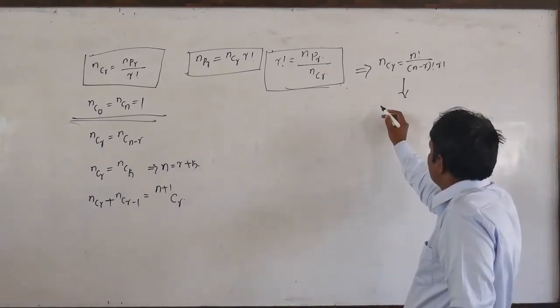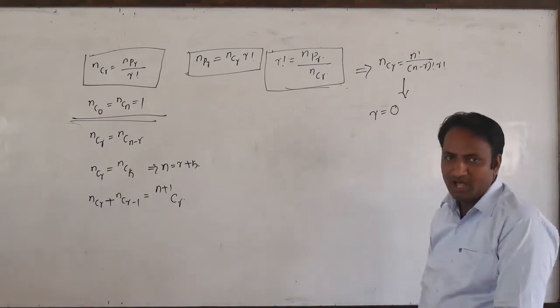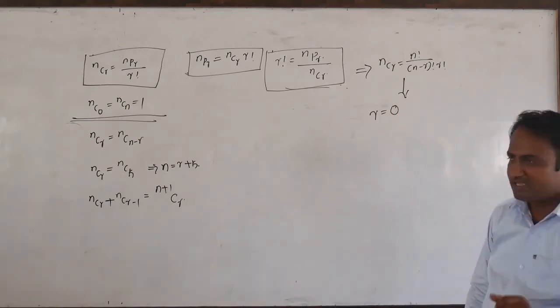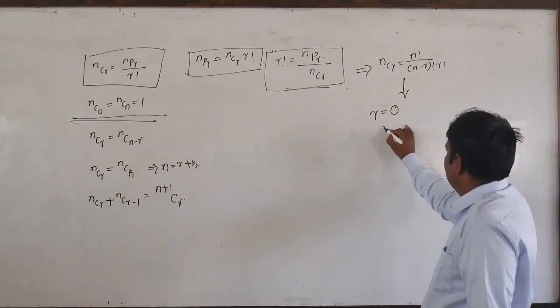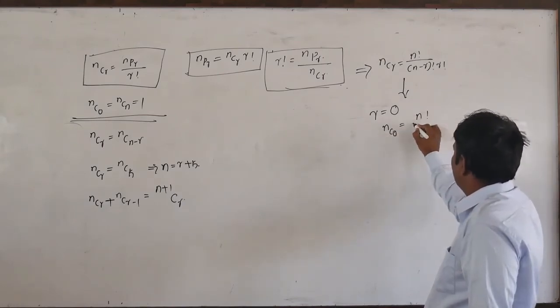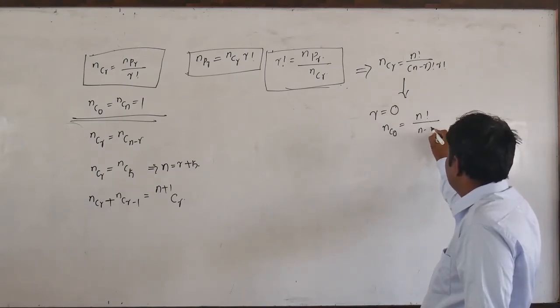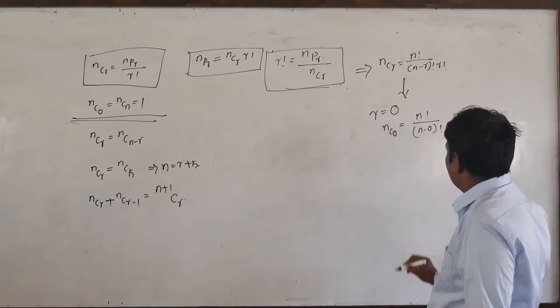Suppose the r value changes to 0. Then nC0 is equal to n factorial divided by (n minus 0) factorial into 0 factorial.